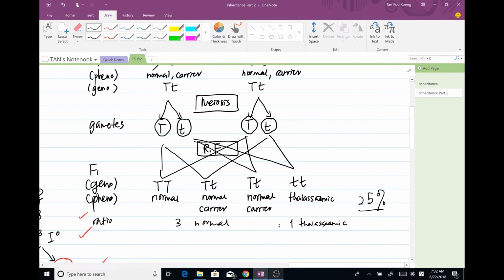However, if the kid has thalassaemia, it will be a nightmare for this patient, because he has to visit the hospital frequently to get blood transfusions to replace the dead or malfunctioning red blood cells. So do the blood test before getting married.